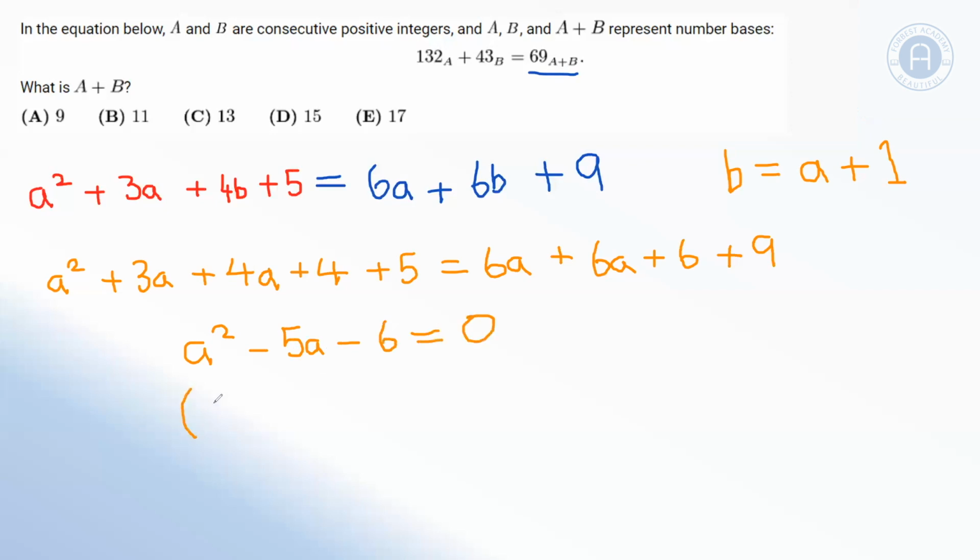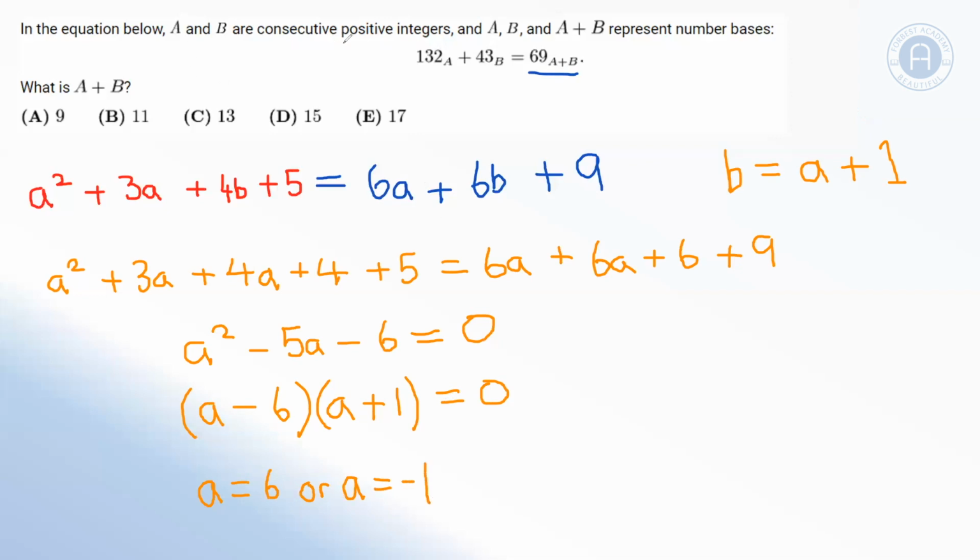If we factorize this, we'll get (A minus 6) and (A plus 1) is equal to 0. For this to equal 0, either A minus 6 must equal 0, in which case A equals 6, or A plus 1 must equal 0, in which case A will equal -1.